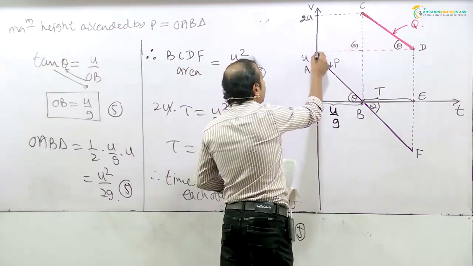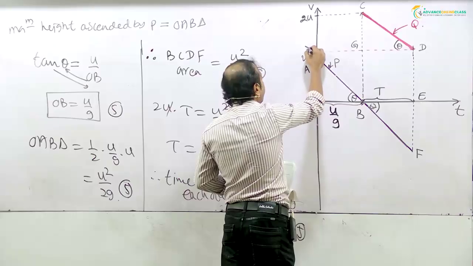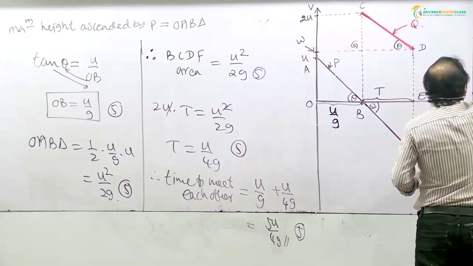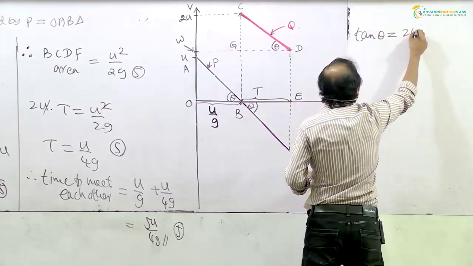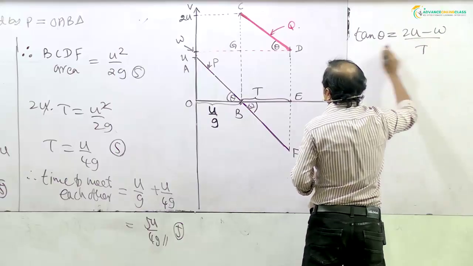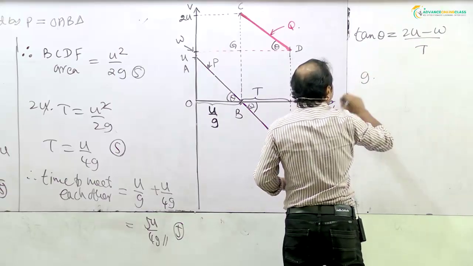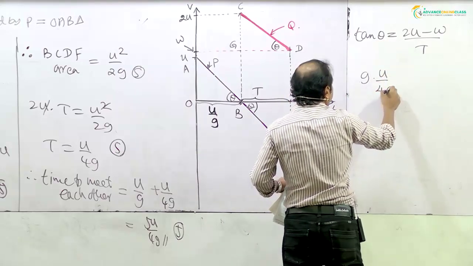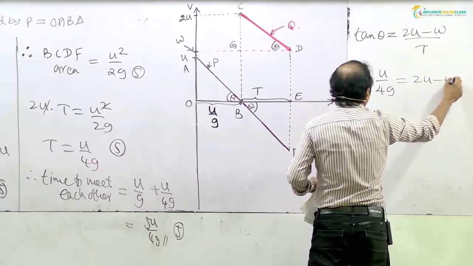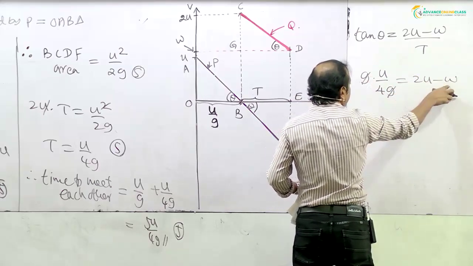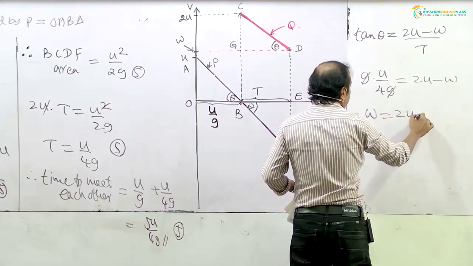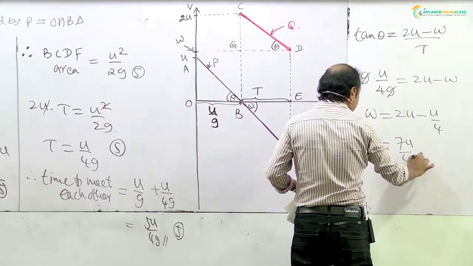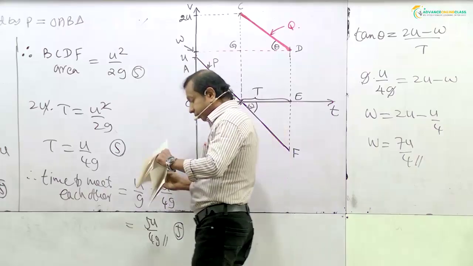We'll take this as W. We can write tan theta, tan theta is 2U minus W divided by this T. Tan theta is G. T brings here, T is U over 4G. 2U minus W. This and this you can cancel down, bring this W here. 2U minus U over 4, W is 7U over 4. Correct, no?